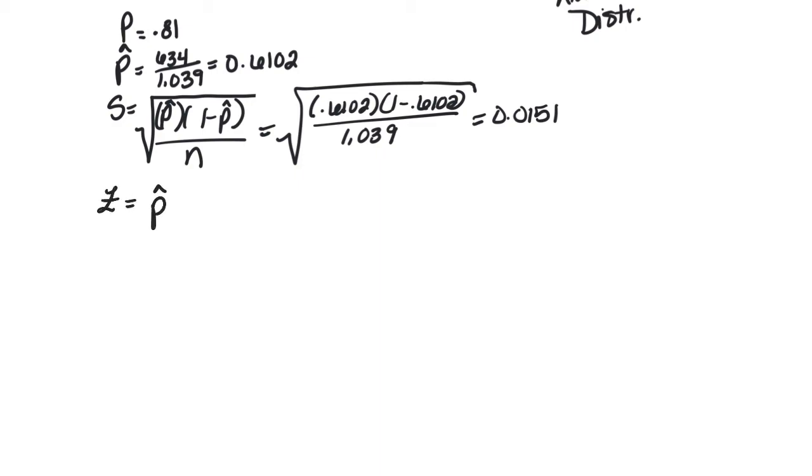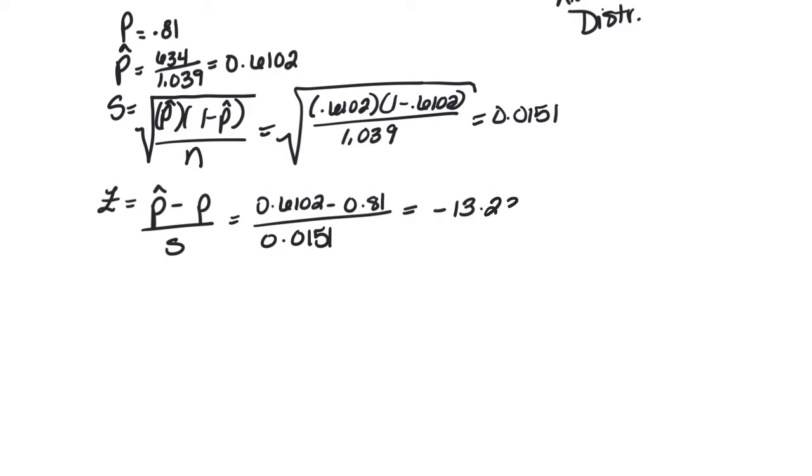So remember that the z-score is p hat minus p, all divided by s. So 0.6102 minus 0.81, all divided by my sample standard deviation, is going to give me a z-score of negative 13.23, which is a very large z-score, so I know that is going to be very, very close to 0. So I am going to use a normal distribution, with a mean of 0 and a standard deviation of 1.